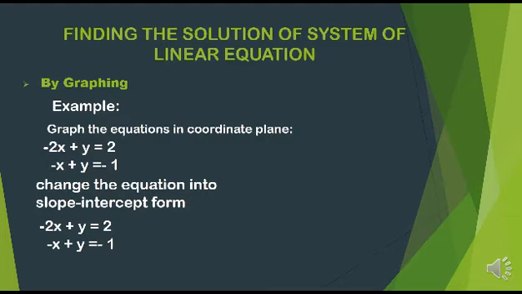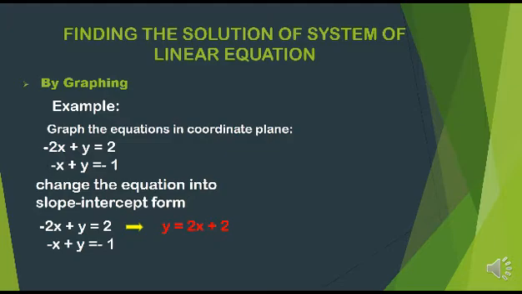In our first equation, we have negative 2x plus y. To eliminate this negative 2x, we can add positive 2x to both sides. So it will become y equals positive 2x plus 2.